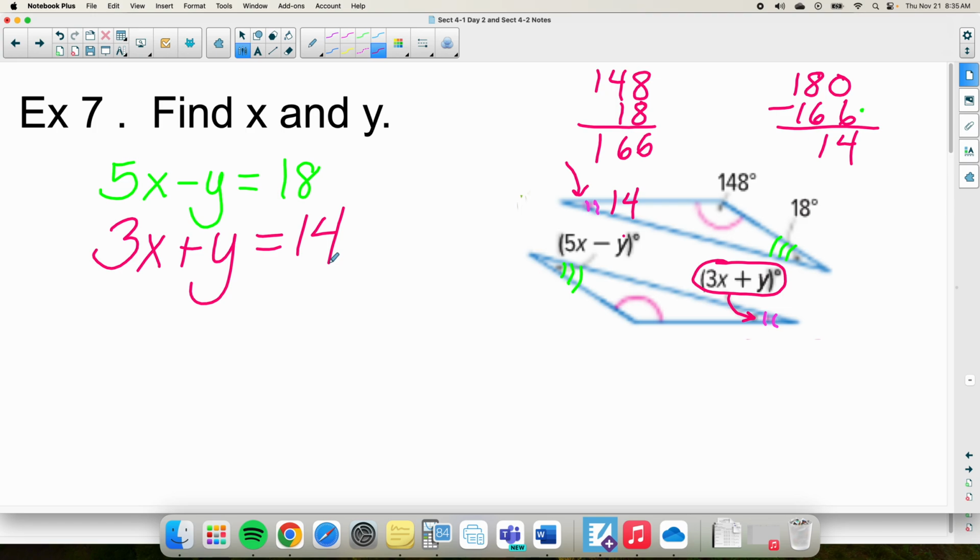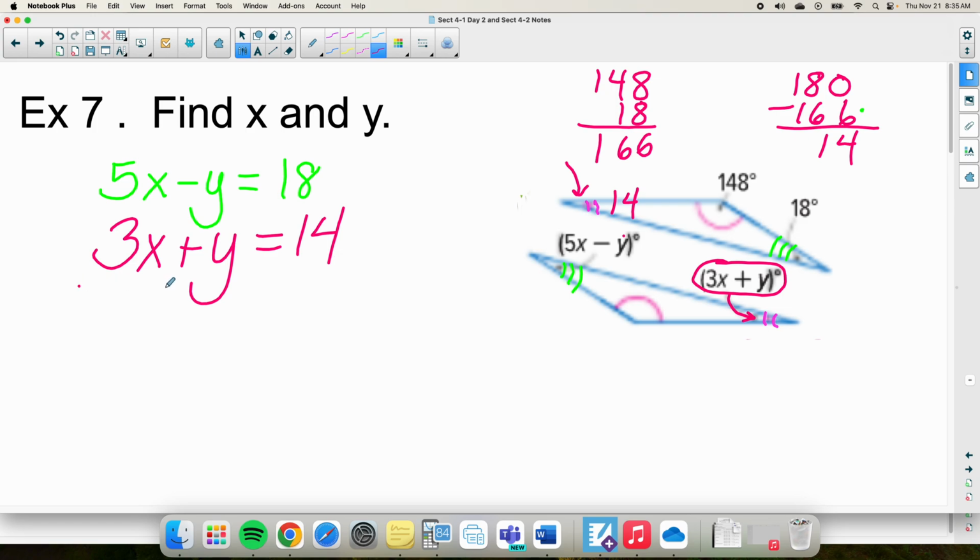When your x's line up, your y's line up, and your numbers line up, I would suggest you use elimination. It's called elimination because you try to eliminate your x's or your y's, and you do that by adding going down.